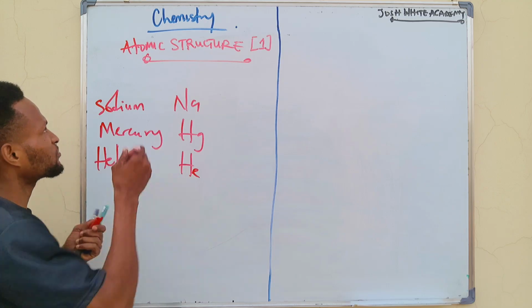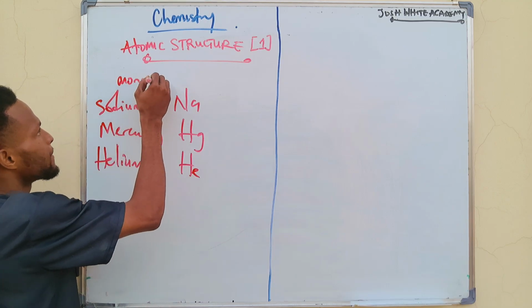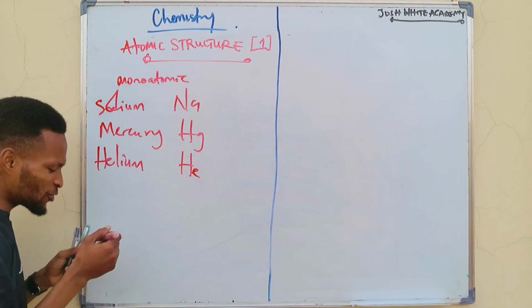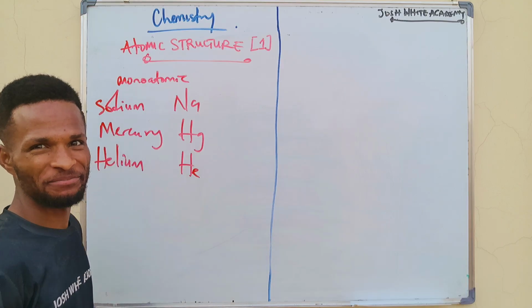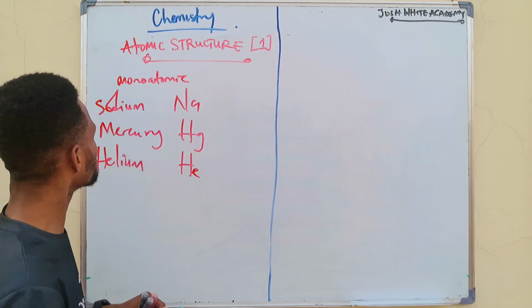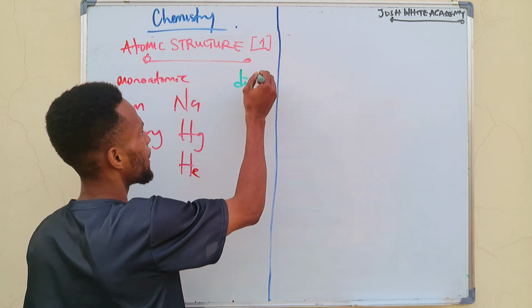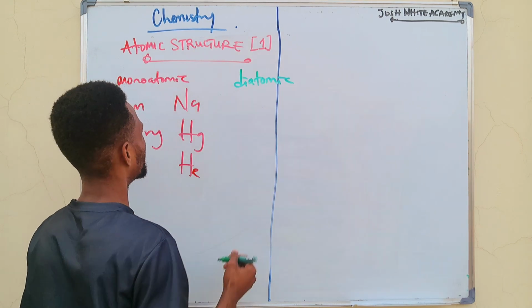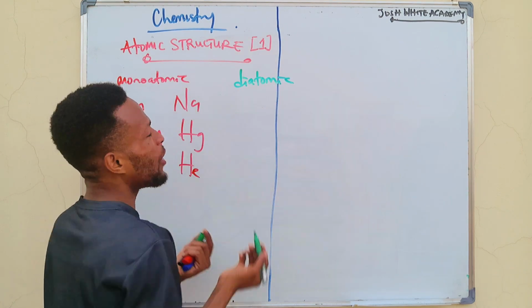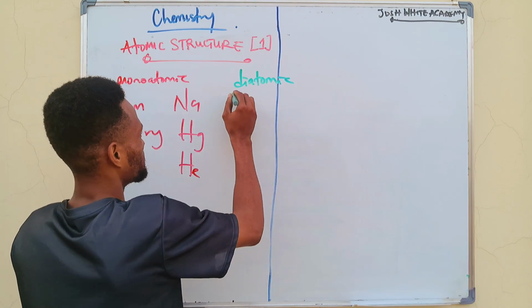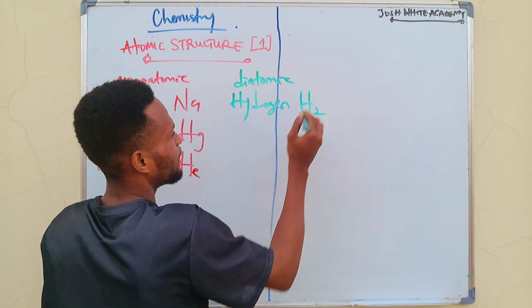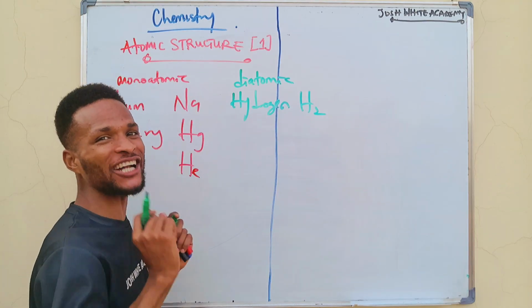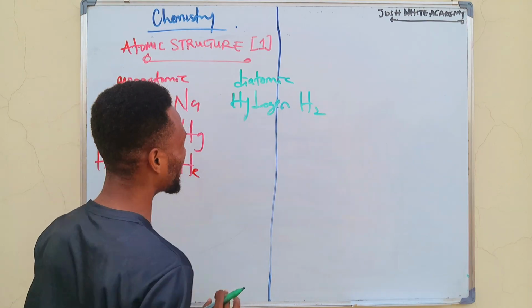So some can be diatomic. Most non-metals are. For instance, our hydrogen, the diatomic means it has two atoms in one molecule.